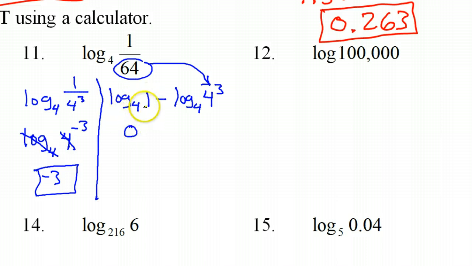That's how you do a log. And then, like we've done before, log base 4 and base 4 will cancel each other out and just leave 3. So we have 0 minus 3, which of course is negative 3. So you choose which one of these ways you're more comfortable with and own it.